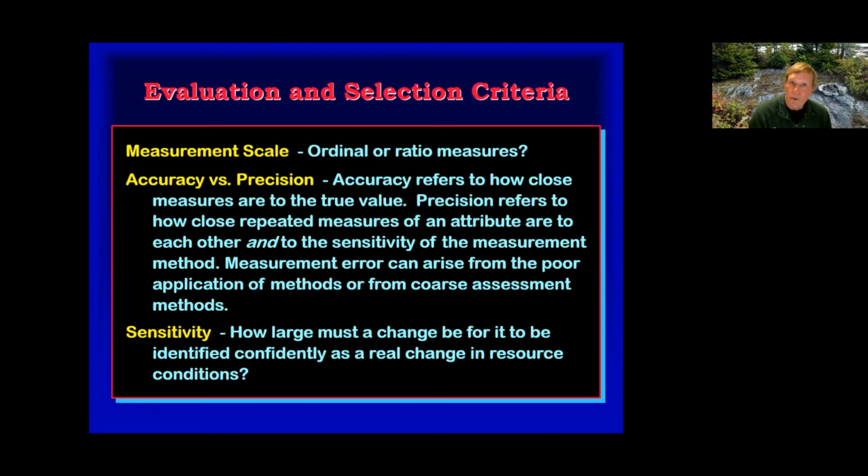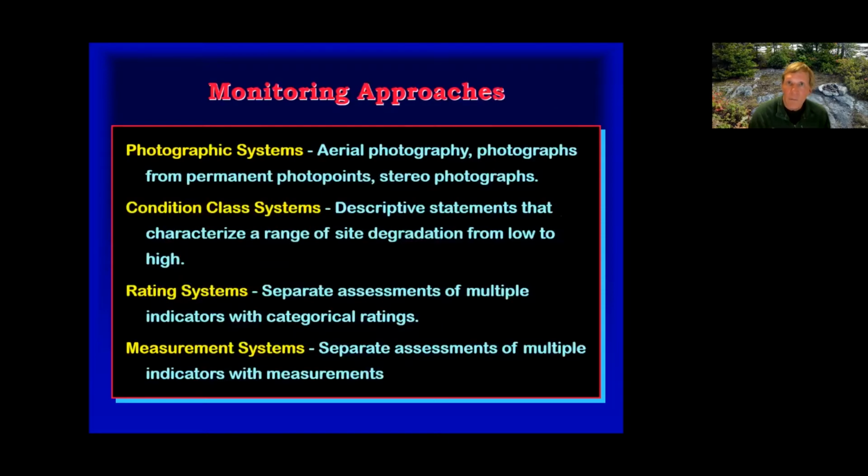Sensitivity: how large must a change be before you record it as a change, and to have confidence in the measure that you recorded. In terms of types of approaches for monitoring, many different types of methods have been used. Photographic, you can georeference photos and return to the same spot and take that photo again and compare photos, but you can't really get very much quantitative information off of those.